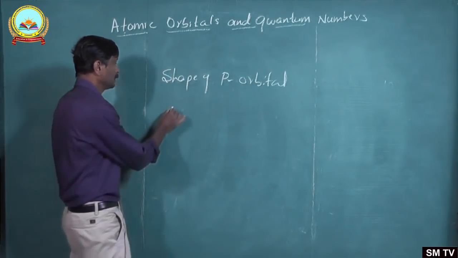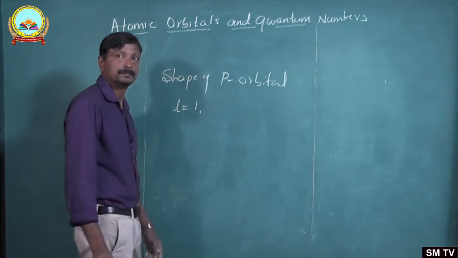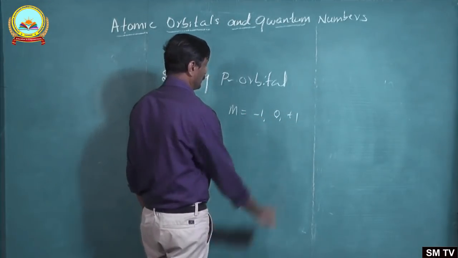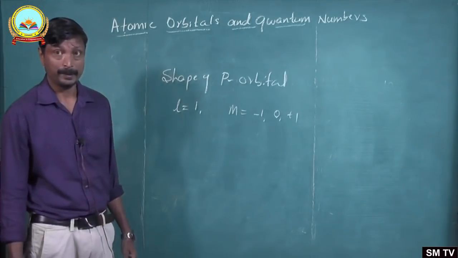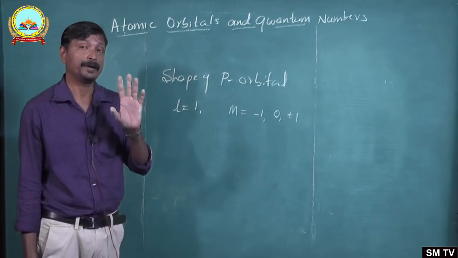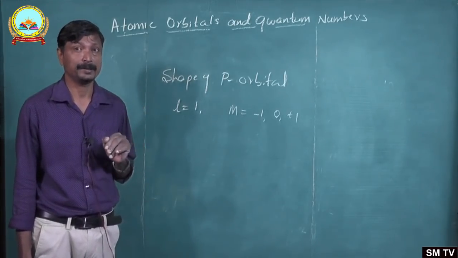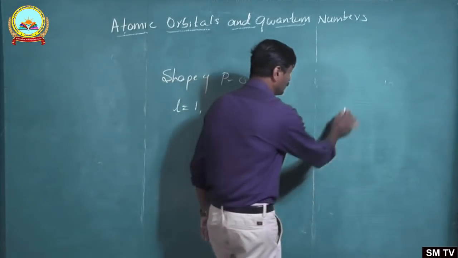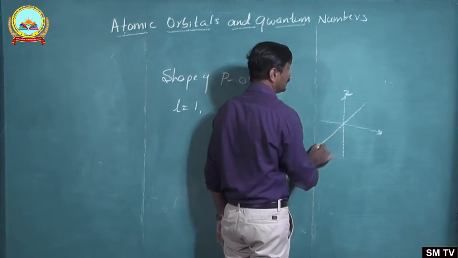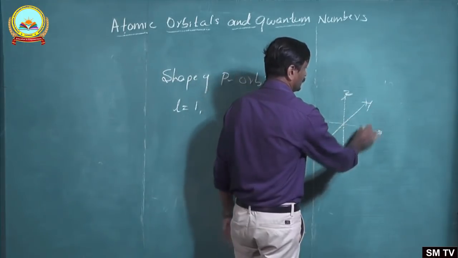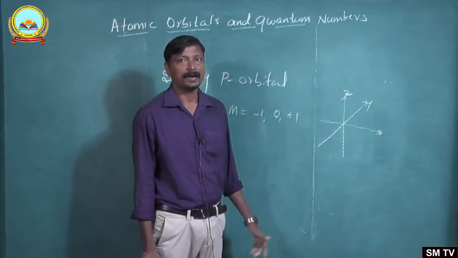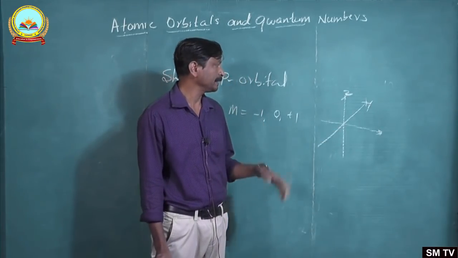For p orbital, l is equal to 1, m is equal to minus 1, 0, plus 1. l is equal to 1 means p orbital, m is equal to minus 1, 0, plus 1 means it has 3 orientations, in 3 directions. Therefore, what are the directions? This is the x axis, this is the z axis, this is the y axis. So these three, how are they oriented? One is oriented along the x-axis, one along the y-axis, and another along the z-axis.